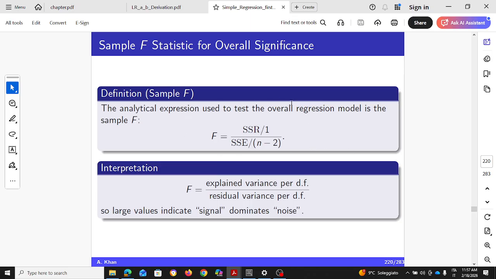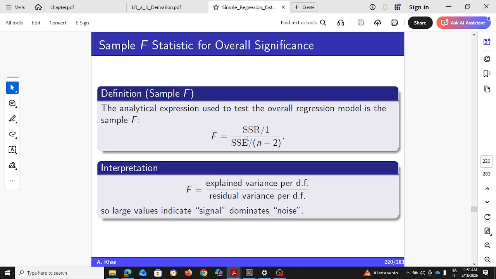So to find the value of Fisher, SSR divided by SSE, but now we have to take into consideration the degrees of freedom. For this case we have 1, for this we have n-2.